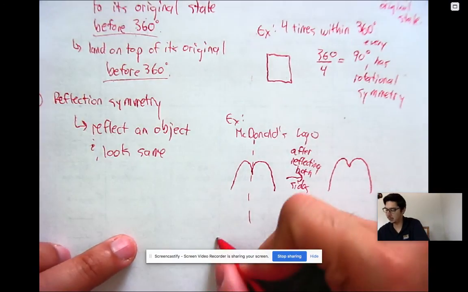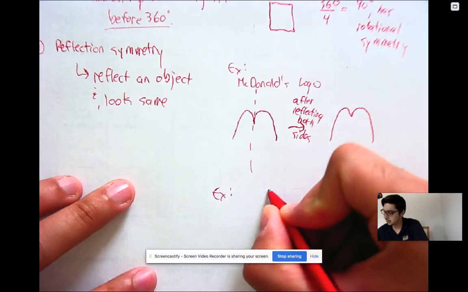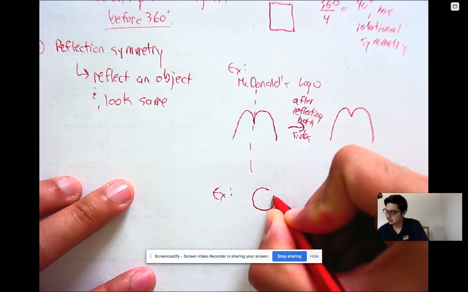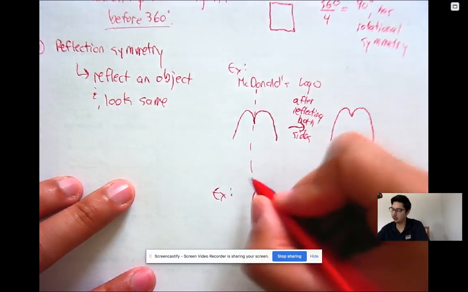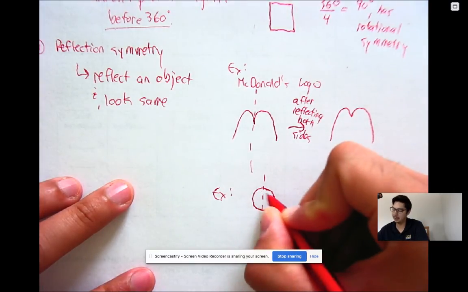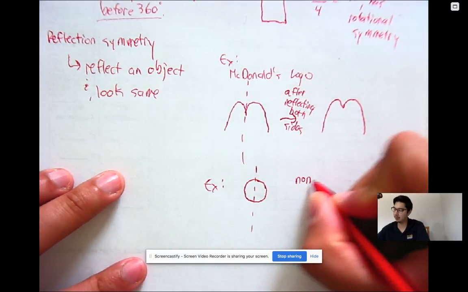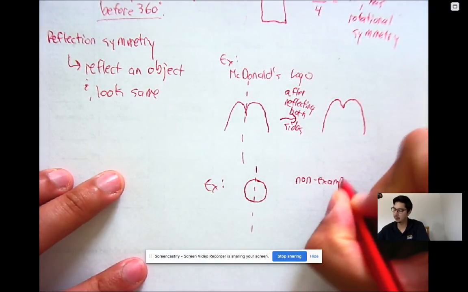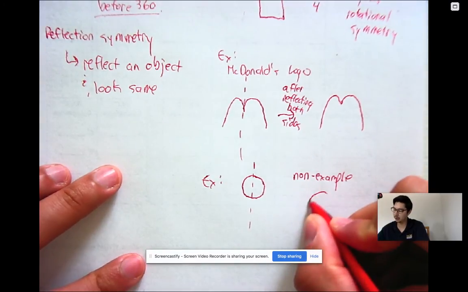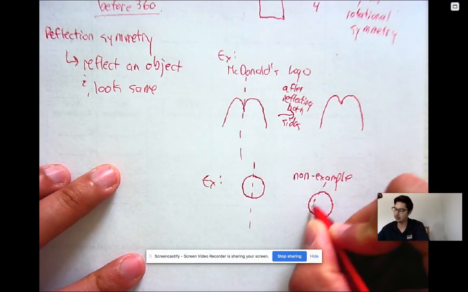I mean, if we just talk about shapes, a circle has reflection symmetry. If you drew a line right down the middle, that line of symmetry would still be okay. Now, what's a non-example to help you see this? That would be if I drew a circle, but my line of reflection is not down the middle.